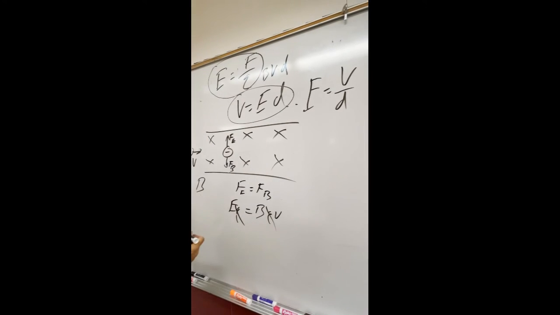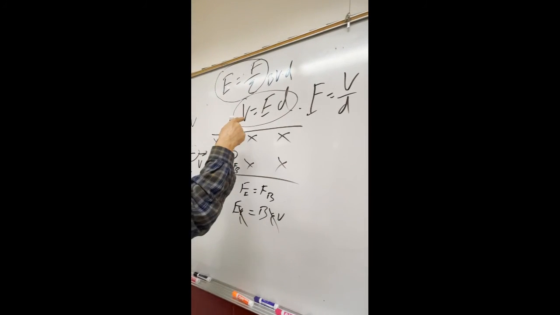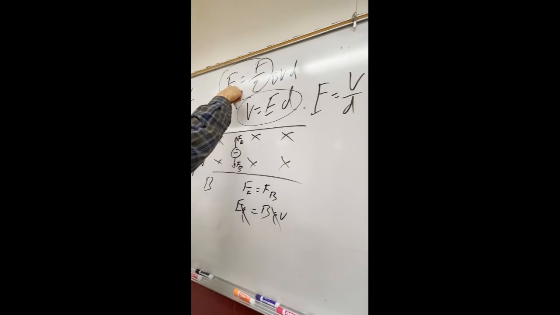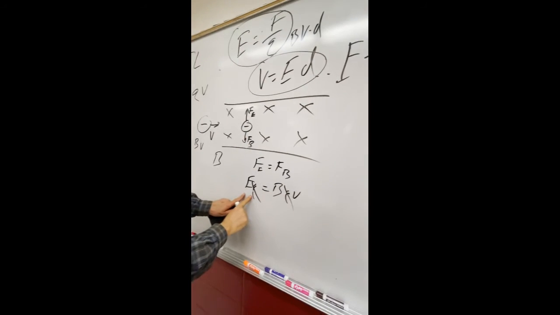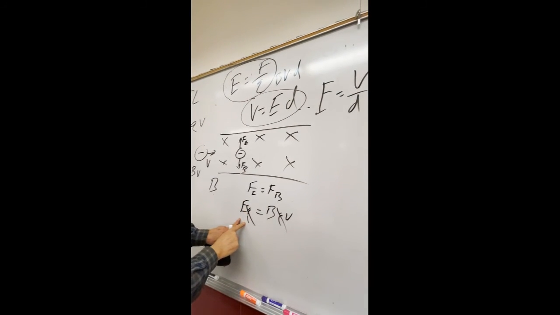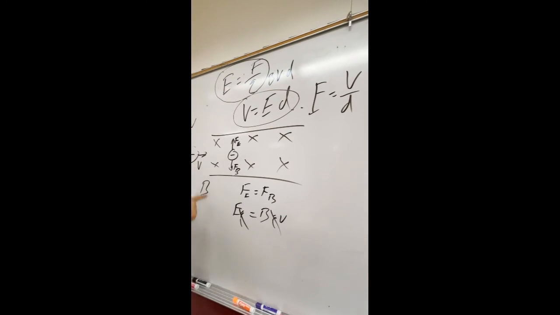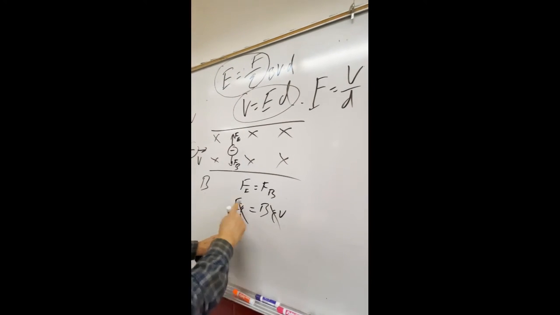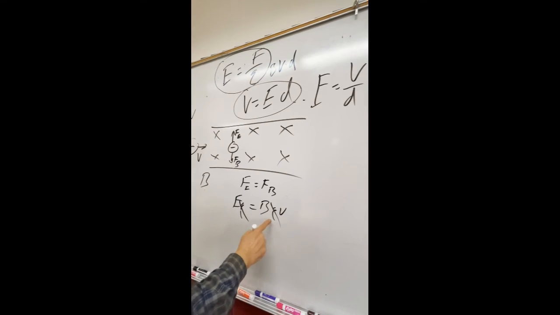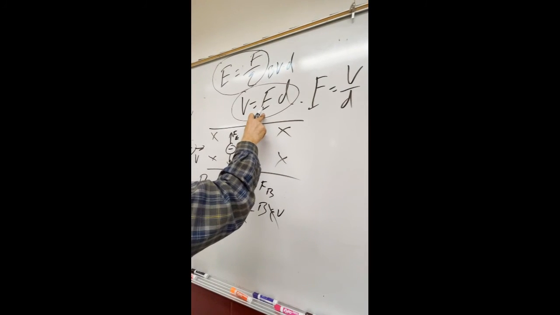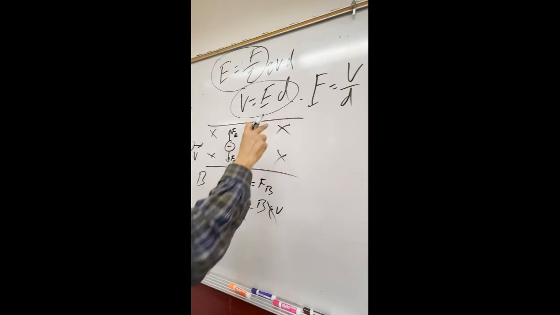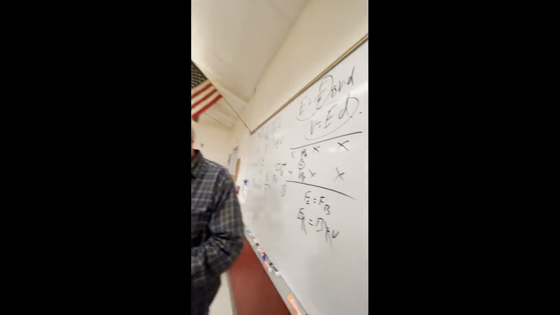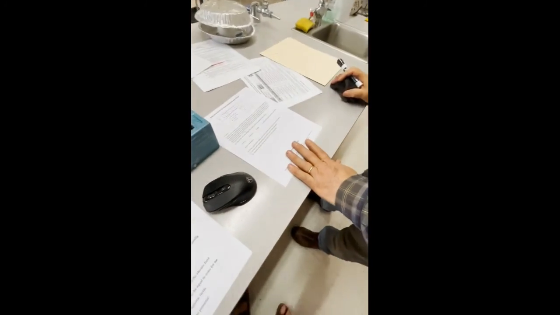We use qE for the electric force and qVB for the magnetic force. Charges cancel, so E is equal to BV. You put BV in here times d, which is what they've given, and then you solve for it.